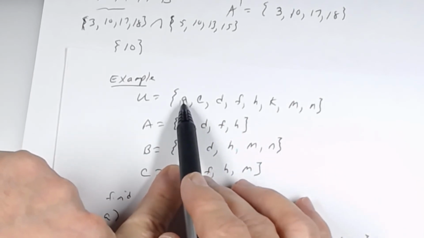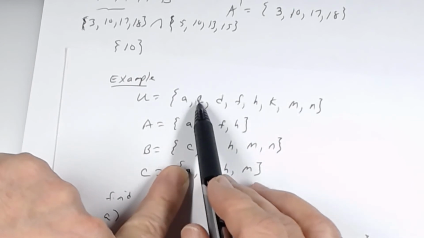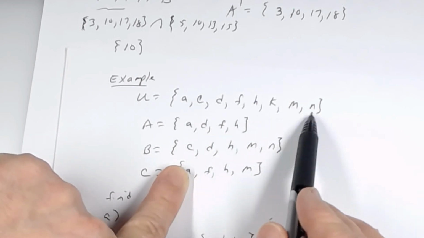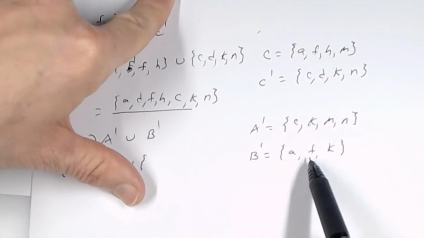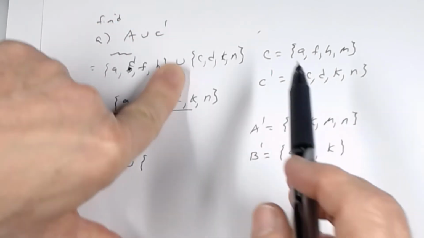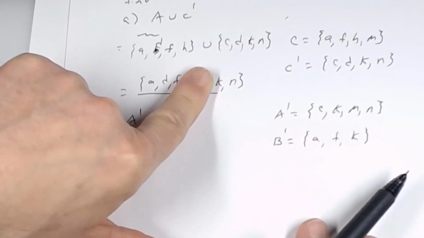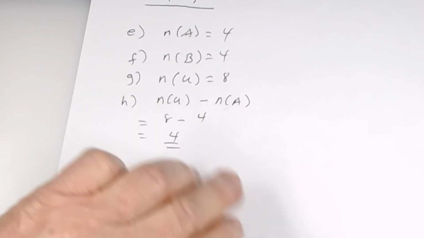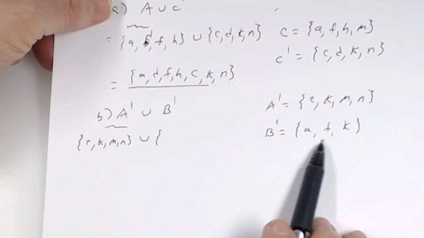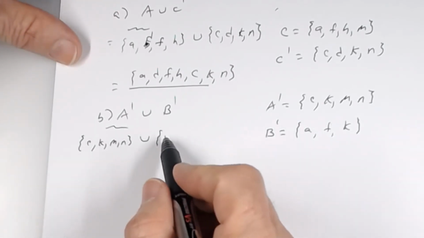Set U has how many elements? 1, 2, 3, 4, 5, 6, 7, 8. So there are 8, right? So if I take those away, my complement is going to have how many elements? 8, take away 5, gives me 3. So that's one of the reasons why we talked about this subtraction, to help you. So this better have 3 elements in it. Okay? And so therefore, I'm going to put that here.